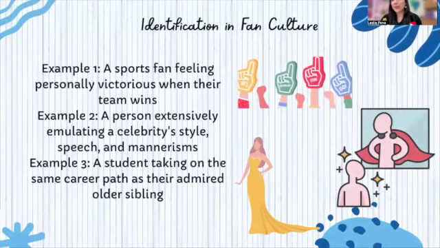But not always, because then you start to value yourself as that person's, let's say, assistant instead of your own person. So, for example, a sports fan feeling personal victory when their team wins. A person extensively emulating a celebrity's style, speech, and mannerisms, or a student taking on the same career path as their admired older sibling. So you identify with these people.